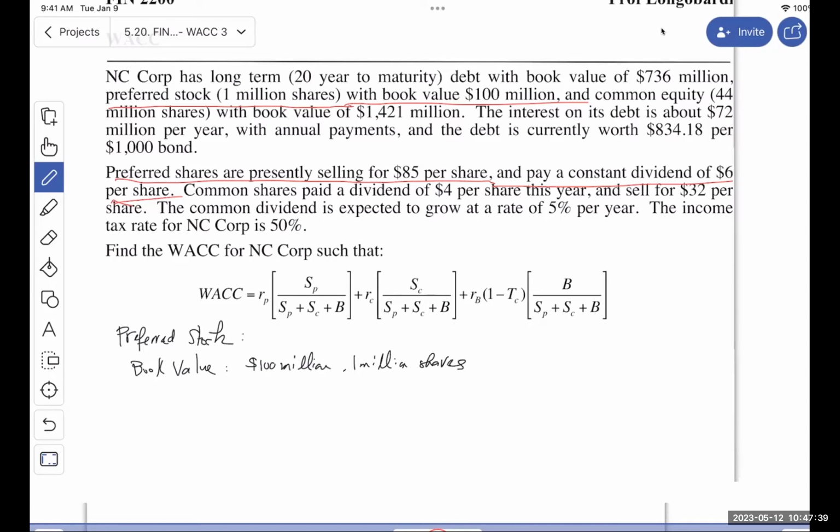So our goal is to get SP and RP. SP is the market value. What's the market value?